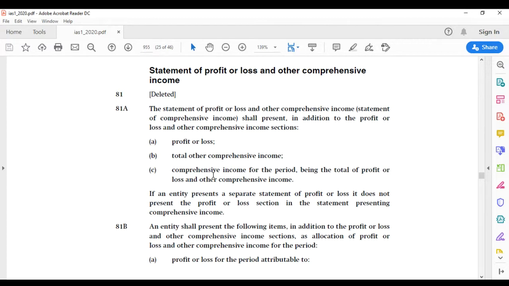So we're going to show, like we did in Financial Accounting 1, not property, plant, and equipment with the cost and the accumulated depreciation on the face of the statement. We're only going to show the carrying amount. And then any further information will be described in the notes to the statement of financial position.